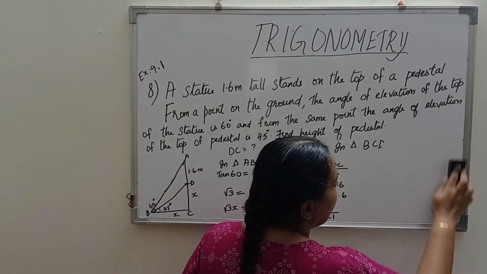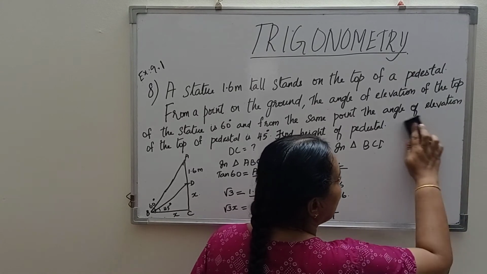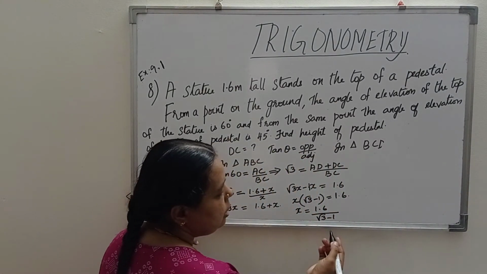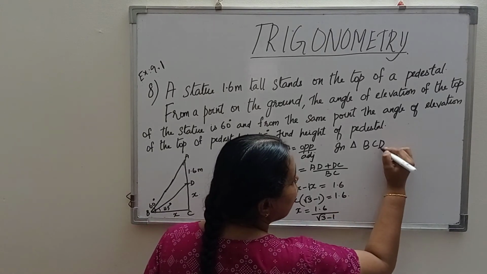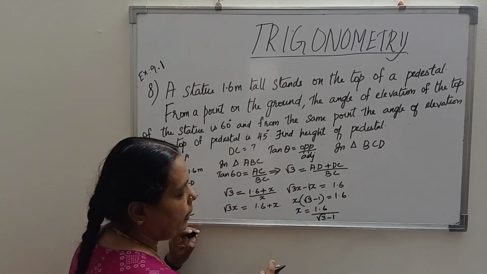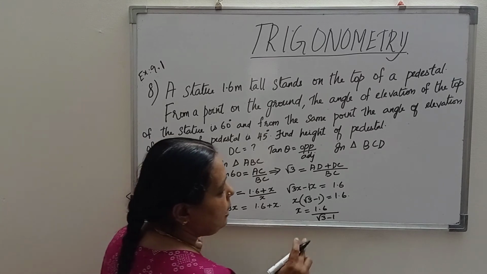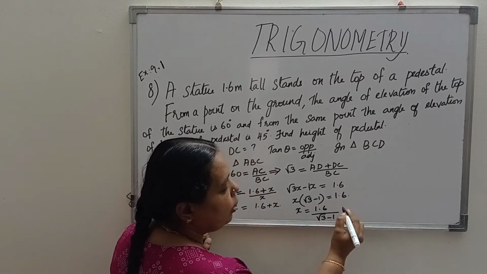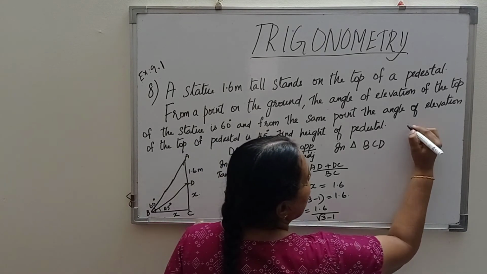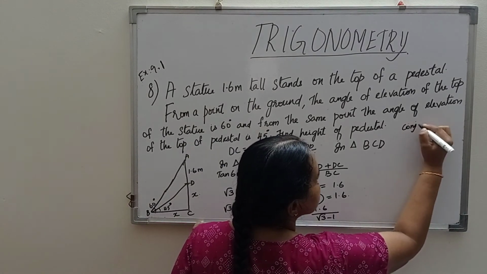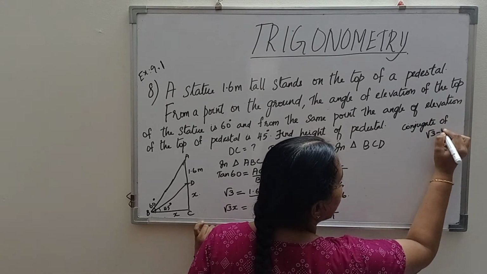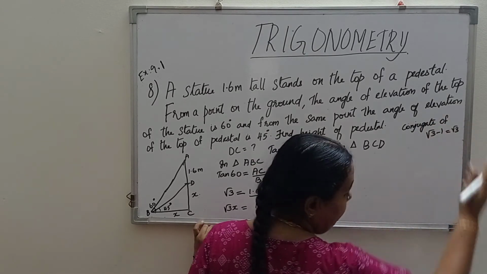But we should not have root in the denominator. To remove the root from the denominator, we will be multiplying it with the conjugate. Conjugate of root 3 minus 1 is root 3 plus 1.